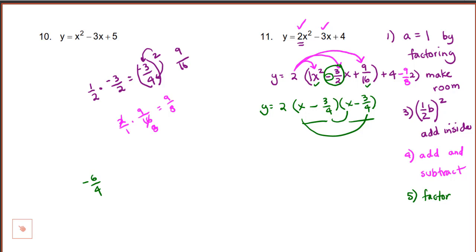See how that works? But since it's the same, and you know how lazy I am, can't I just square it? Hence the phrase completing the square. This 9 over 16 completes this polynomial so that when I factor, it's a perfect square.